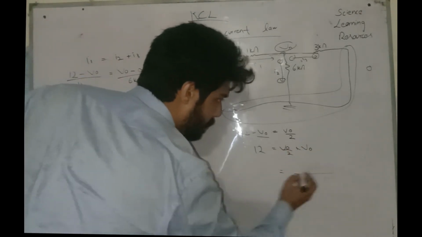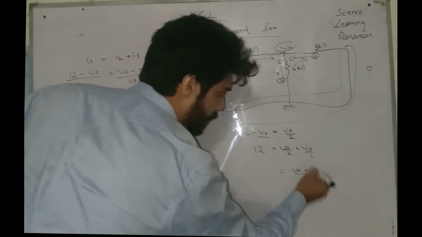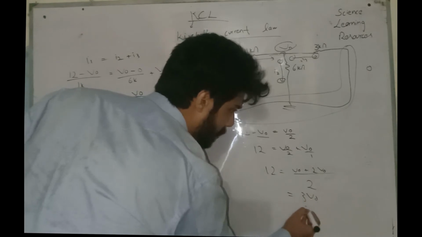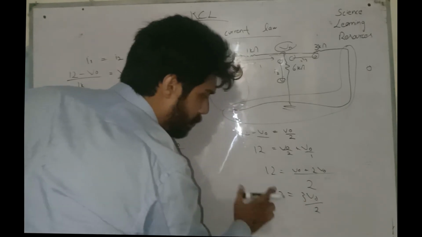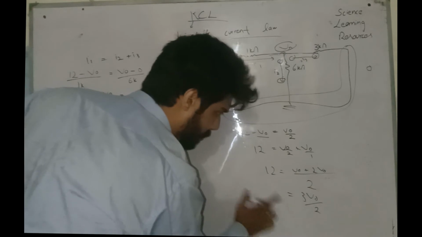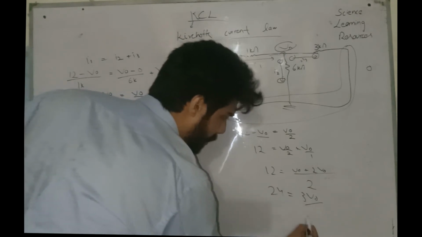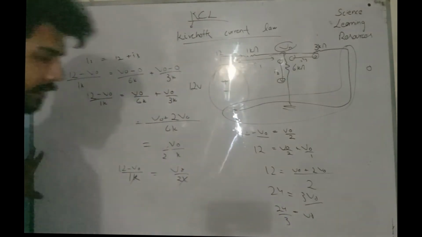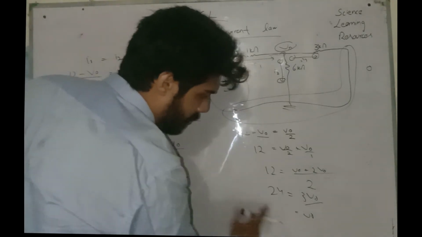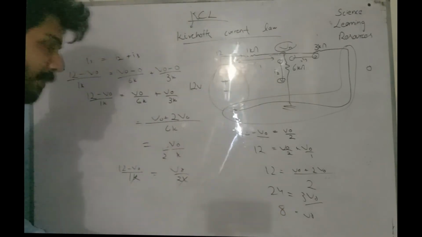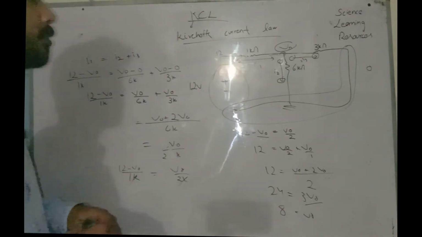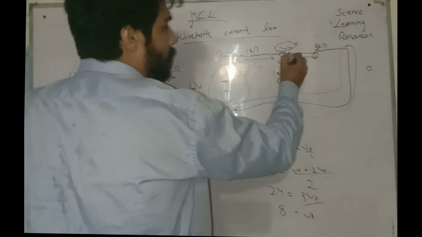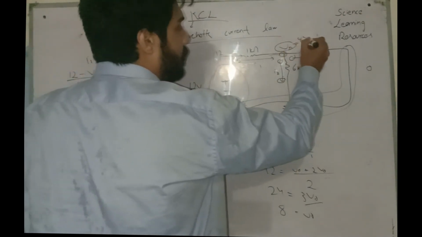So taking 2 and V naught plus 2 V naught, 3 V naught by 2 equals 12. 2 goes to the other side and V naught will be 24 over 3. 3 8s are 24, so V naught will be 8. So from this I know how to calculate the voltage at this node, which is 8 volts.